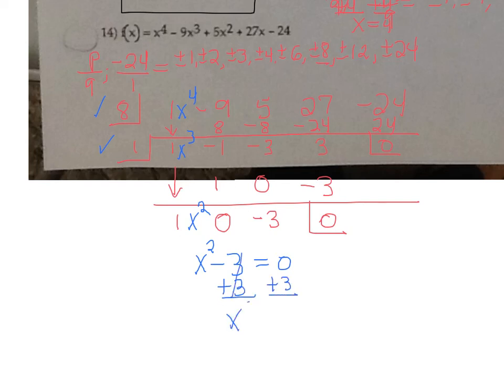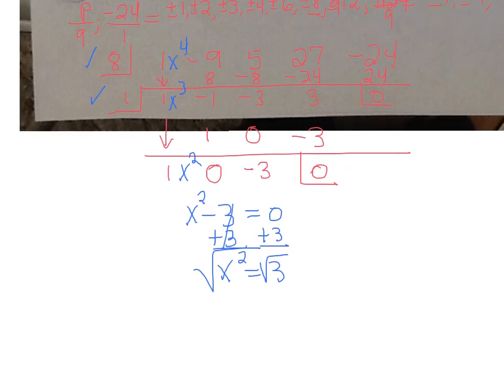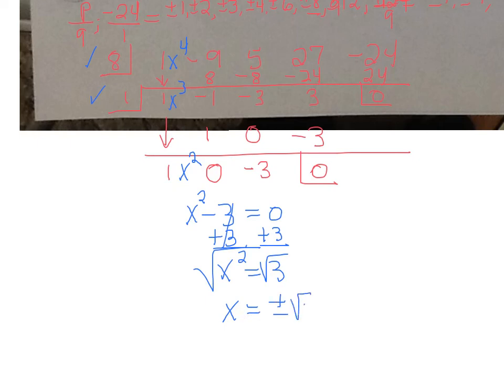You're going to have x squared equals 3. And then you take the square root of that. And as you know, when you take the square root of a number while solving, you always put plus or minus square root of 3. And that's the reason why we couldn't get the other 2 as whole numbers, as rationals. In this case, the other 2 are positive and negative square root of 3.